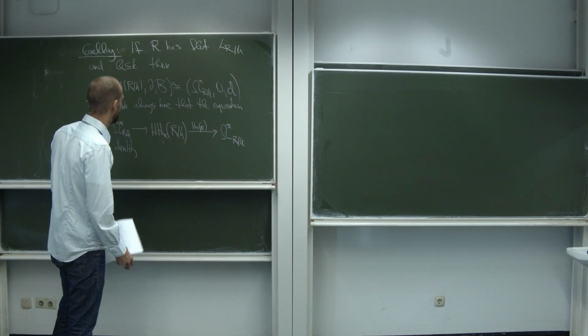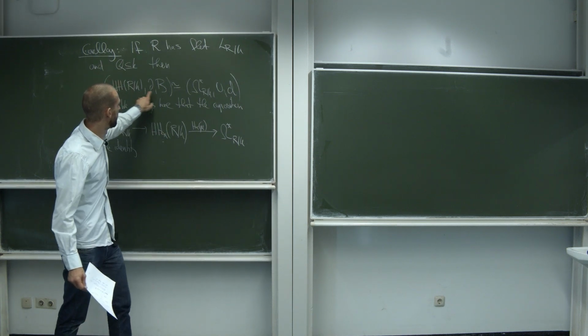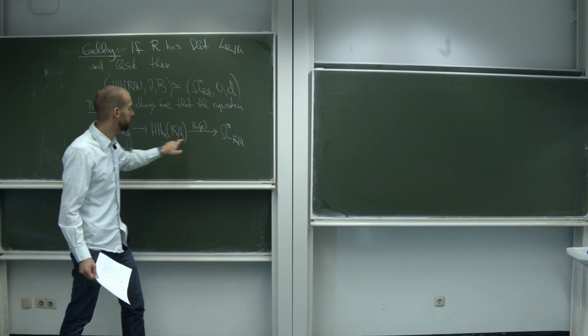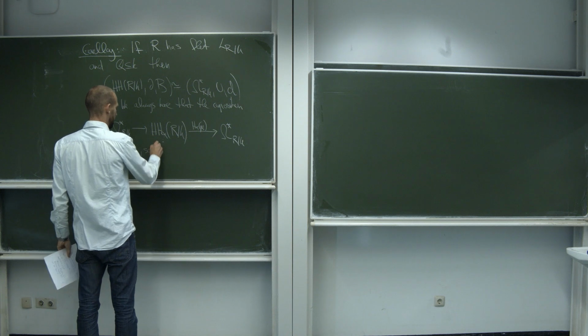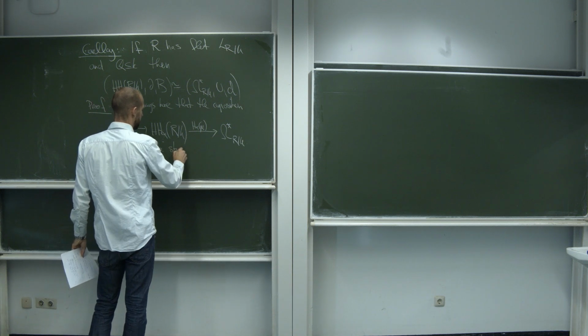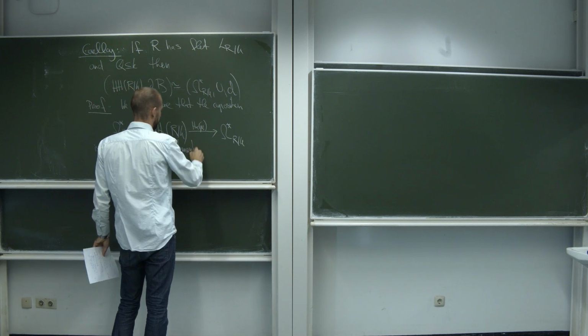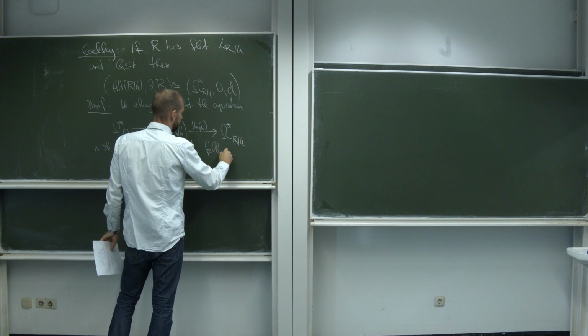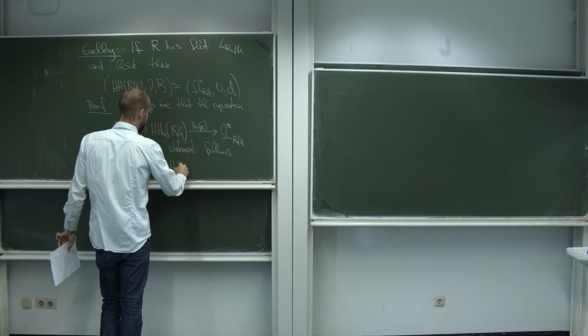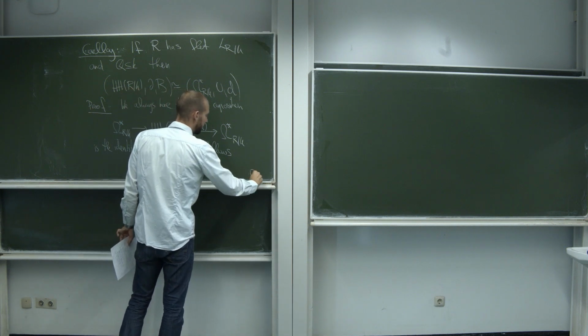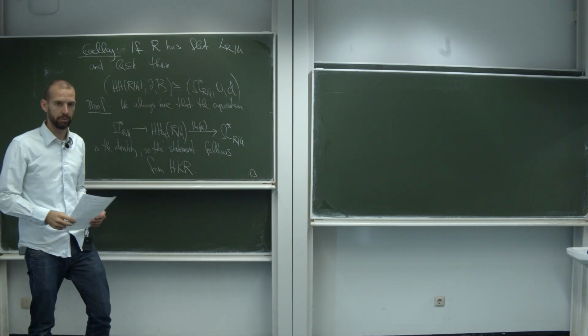So in other words, in order to check that this map mu is an equivalence, it's enough to check that this is an equivalence. So the statement follows from HKR.